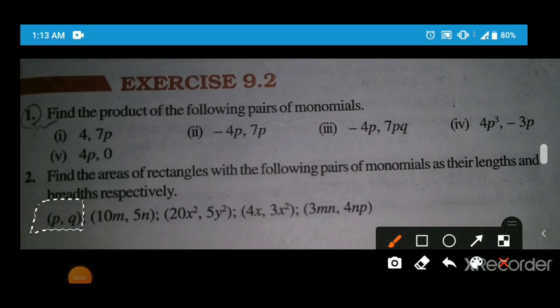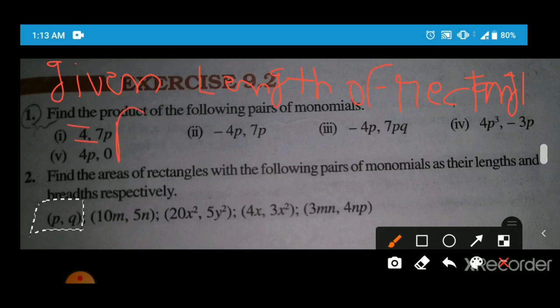Now we can write what is given: length of rectangle is equal to p and breadth equal to q.